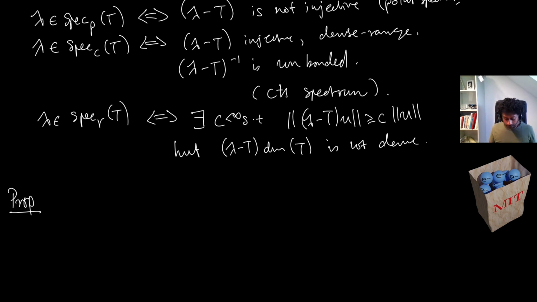There you will not have continuous spectra or residue spectra. Everything will be point, just eigenvalues, and the spaces associated are the generalized eigenspaces.